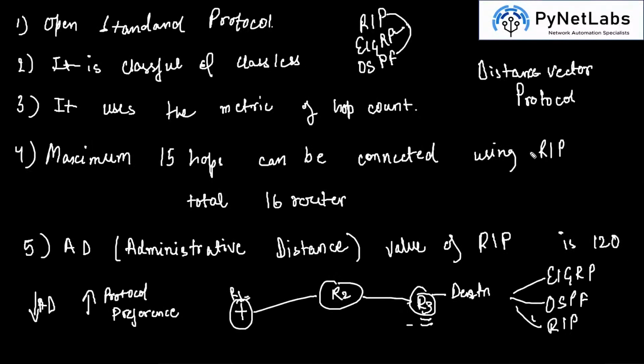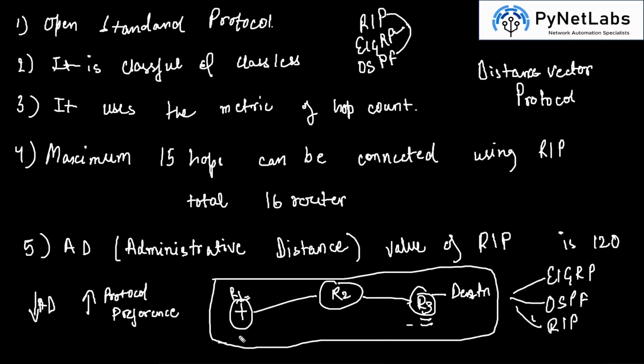And after this, let's say you have a network where you have three routers, and R1 is the source and R3 is the destination. Let's assume that EIGRP and RIP are configured on these routers.